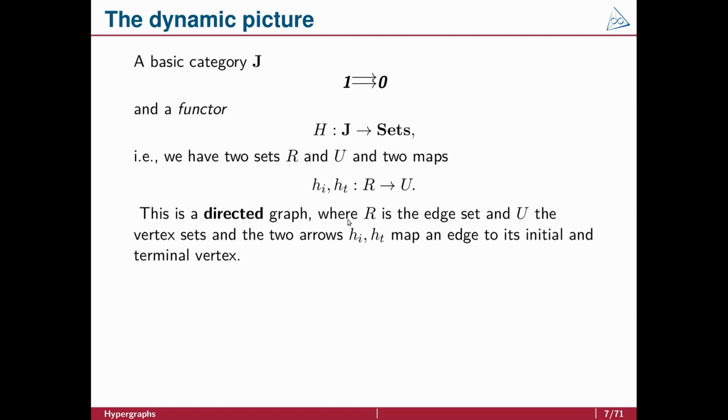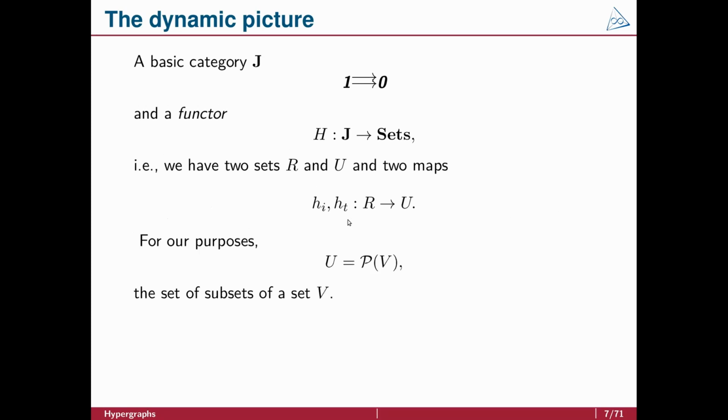Now R is the edge set, and U, the vertex set, and the two arrows map an edge to its initial and its terminal vertex. That is how a category theorist would describe a graph.